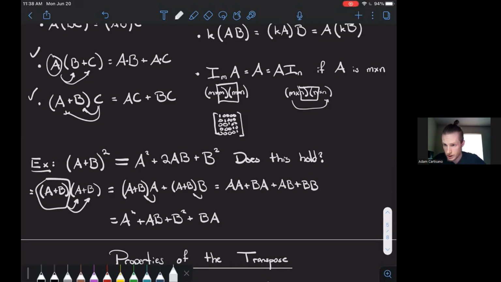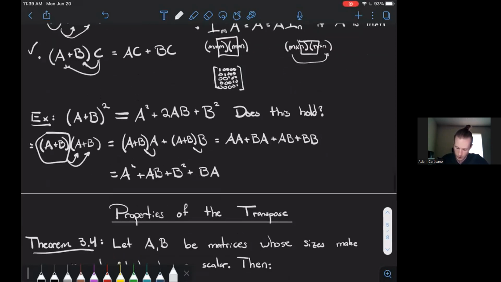I snuck the commutative property in there, but remember, from the very first thing that we wrote down in this video, addition does commute. Multiplication doesn't necessarily, but addition does. Now, what I want to do is set this as being equal to A squared plus 2AB plus B squared.